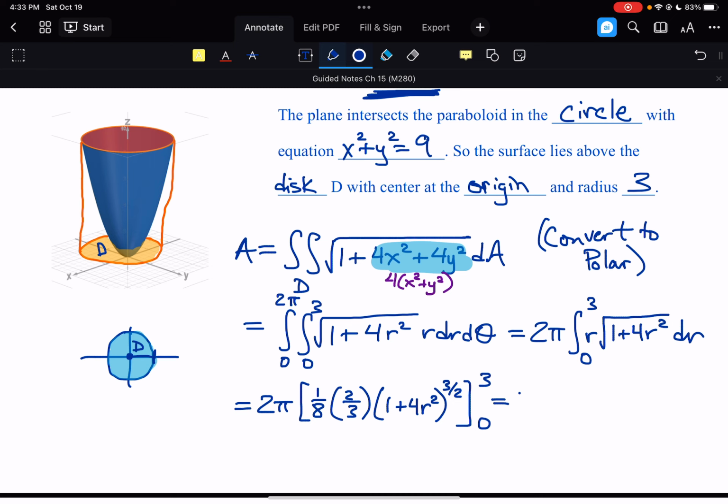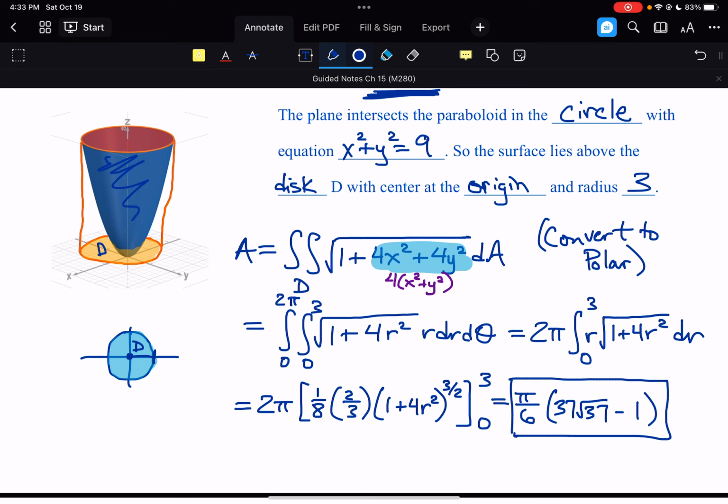And again, I'll spare you the nitty-gritty details here, but we get pi over 6 times 37 root 37 minus 1. So that is the surface area of this blue part of the paraboloid.